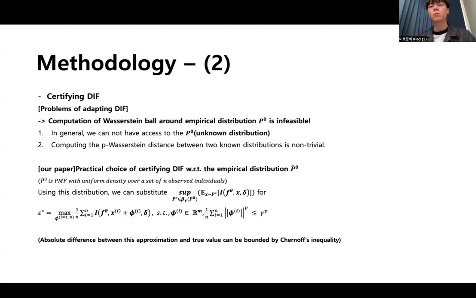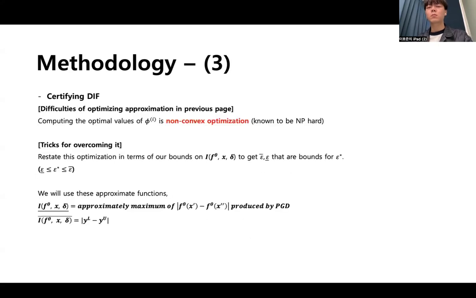Chernoff's inequality can be used to bound the difference between the final calculated value and the true value. To demonstrate distributional individual fairness, it is necessary to find the optimal pi that maximizes the redefined formula, which gives us the epsilon star value.